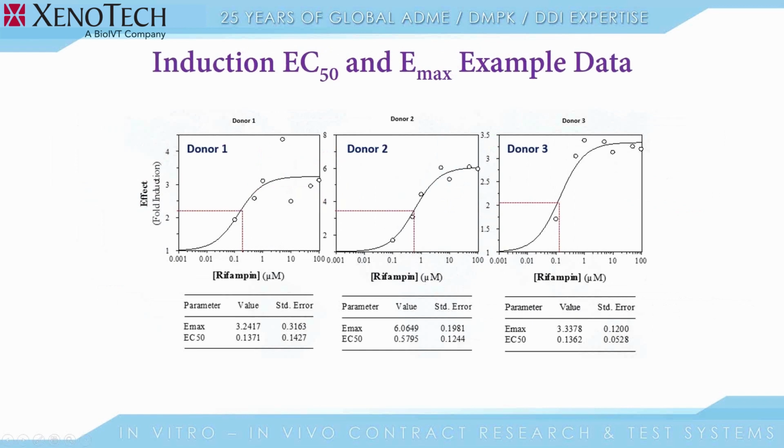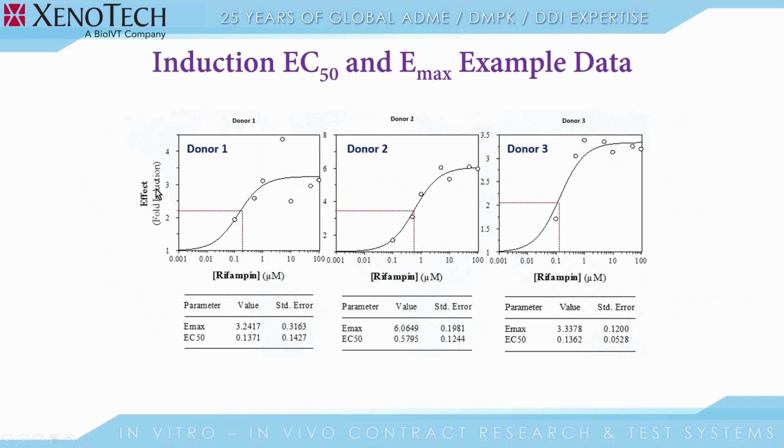Now, if we take that same data and just plot it in a slightly different way, we're able to look at EC50 and Emax. So again, these three panels are the data from three different donors. The y-axis is the effect, so it's the fold change, and the x-axis is the concentration of drug.